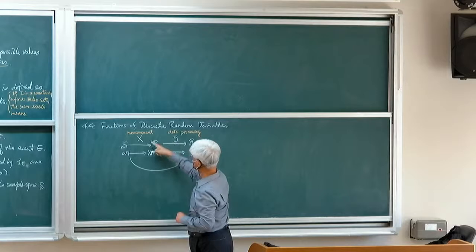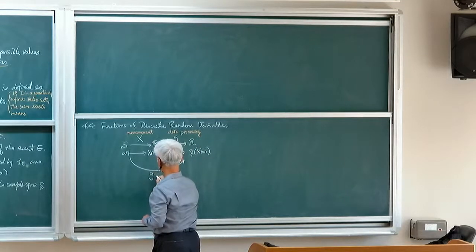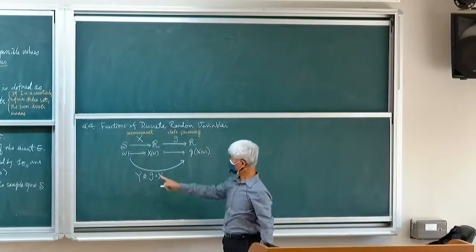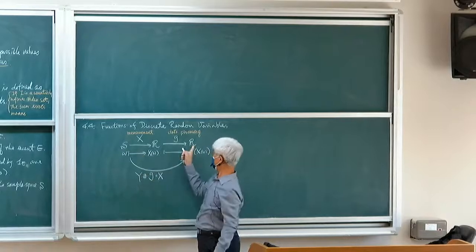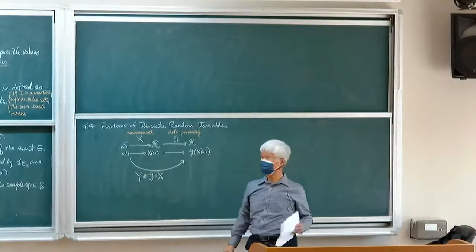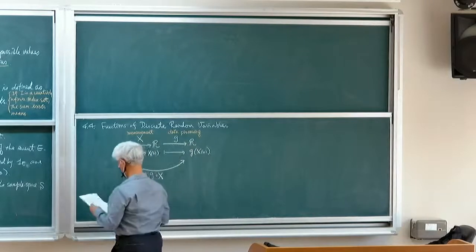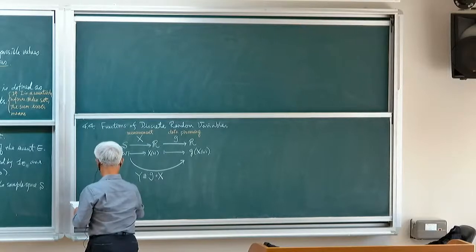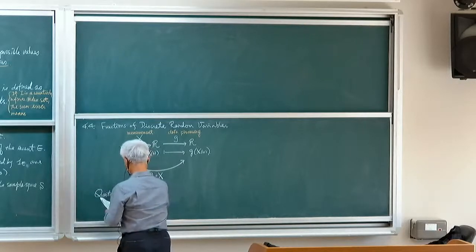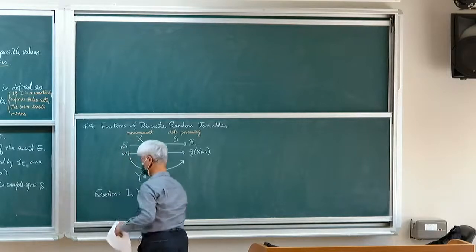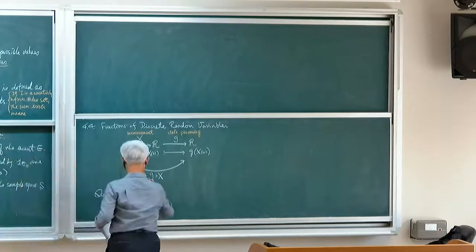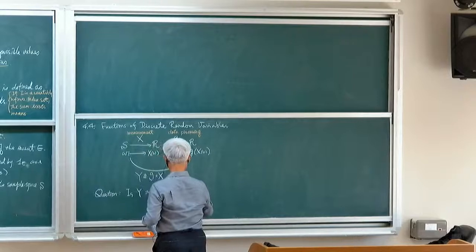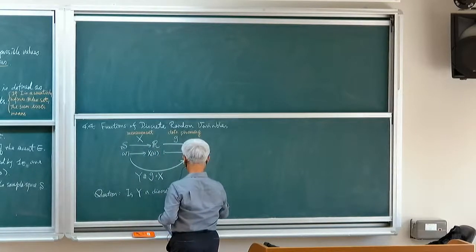All right, and so if we have a composition, and we define this to be y, so y is a function from S to R. So now the question is, is y a discrete random variable if x is?